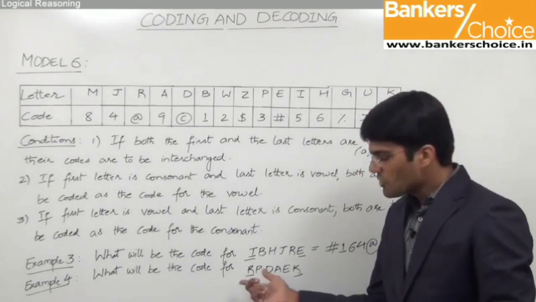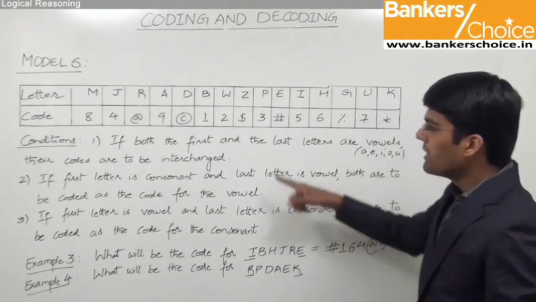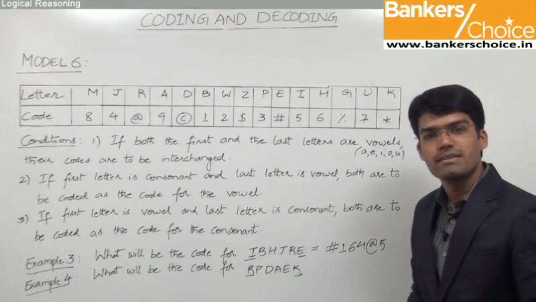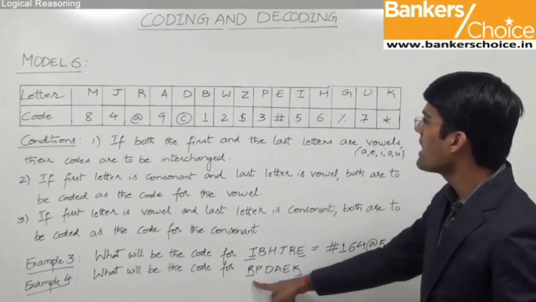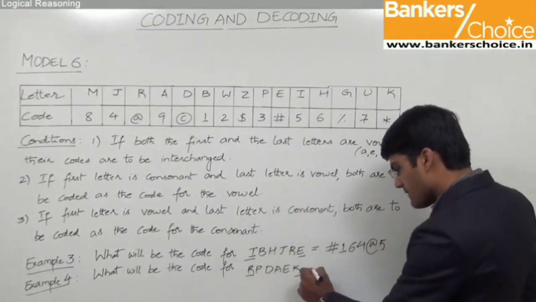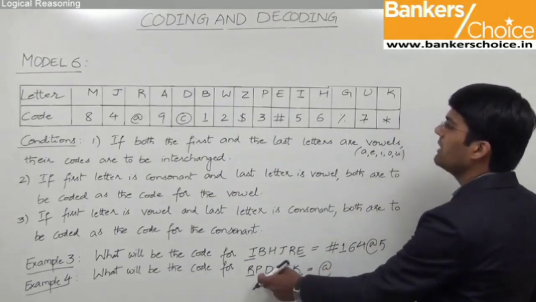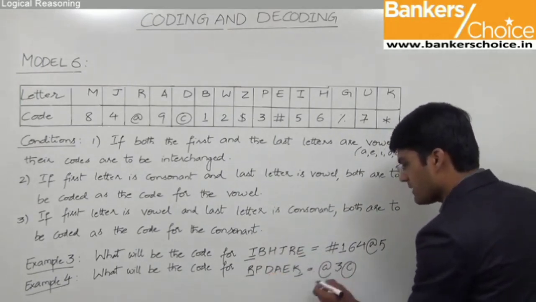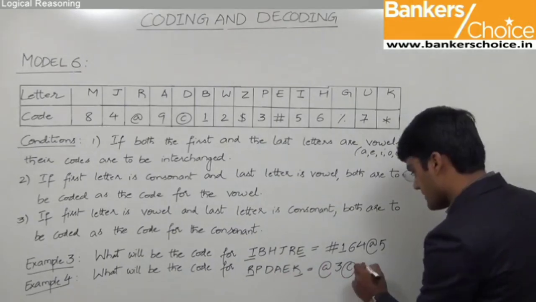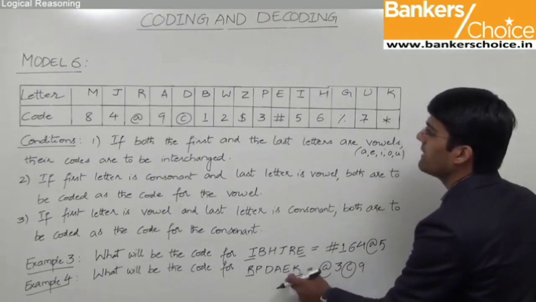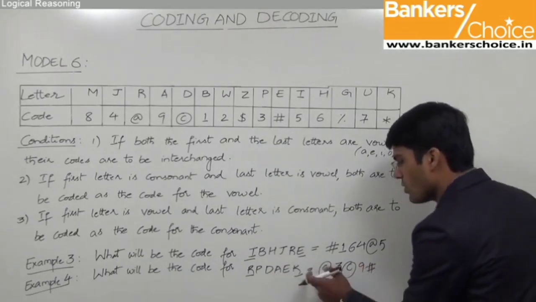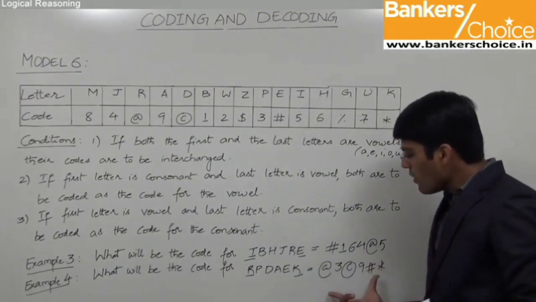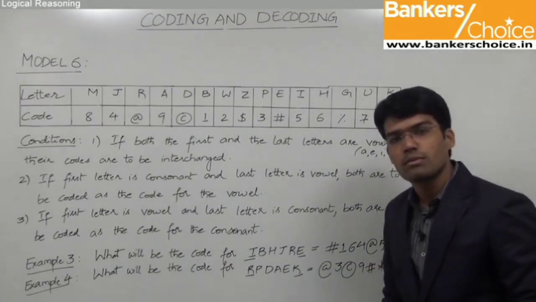So here we should directly code the word using the codes as given in the table, without following any of the conditions. So the code for R is @, the code for P is 3, the code for D is copyright, the code for A is 9, for E it is hash, and the code for K is star. So that's how we get the answer for example 4.